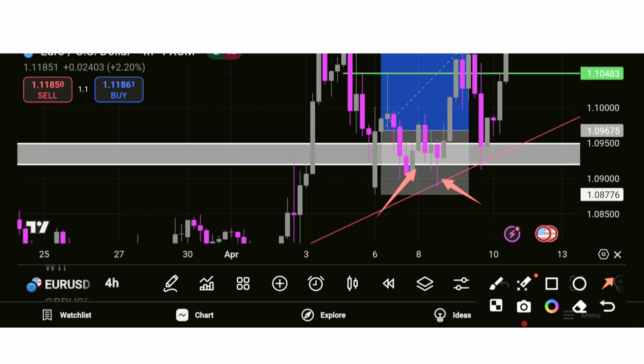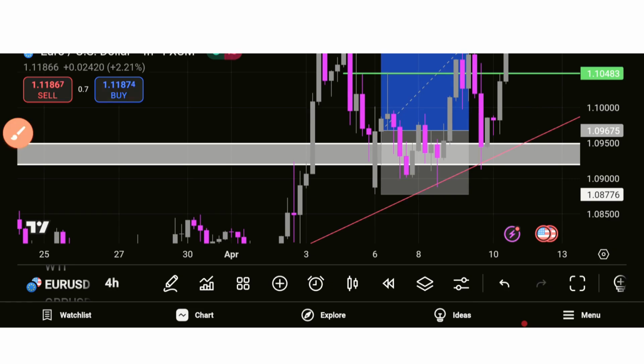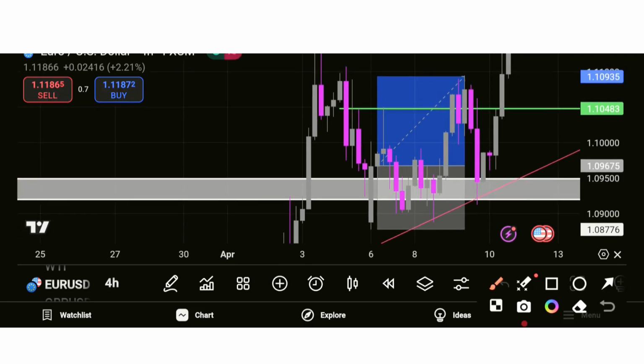and all that, this could also have been a reason for this complete mess right after I entered the trade. But nonetheless, the trade did work out, and after that frustrating little drawdown over here, we can see that price did eventually push up, and this little green line over here was just a little TP1 that I set.